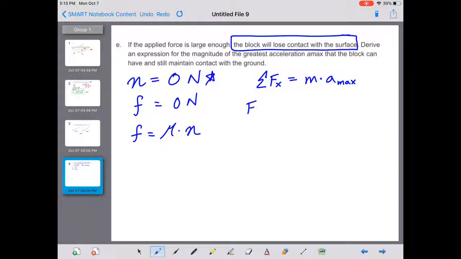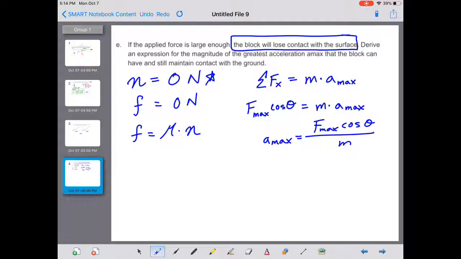So that component of F1, or we'll call it F max cosine of theta, is equal to mass times the acceleration, max. Now, I'm going to rearrange this, so I get that A max is equal to the F max cosine theta divided by my mass.